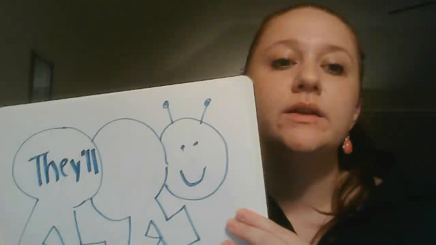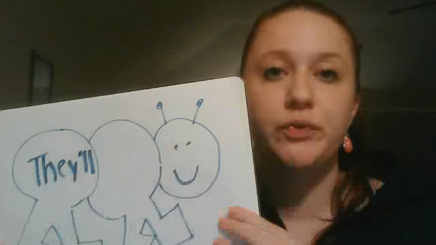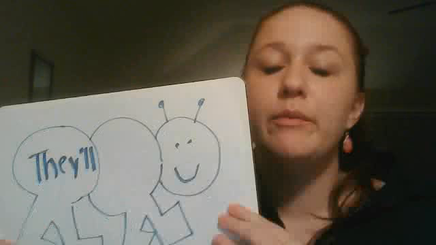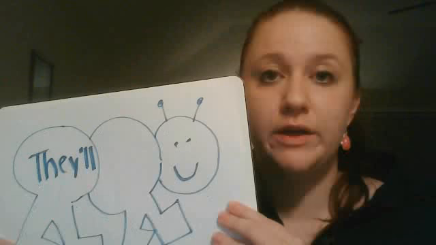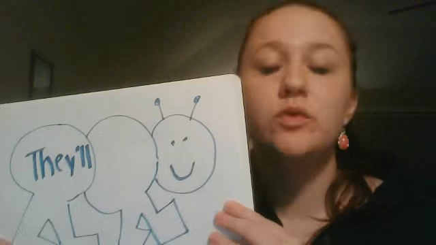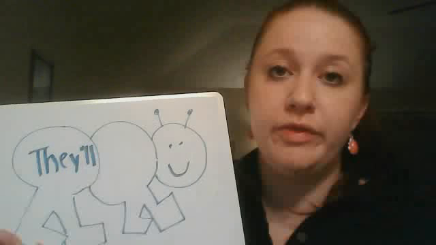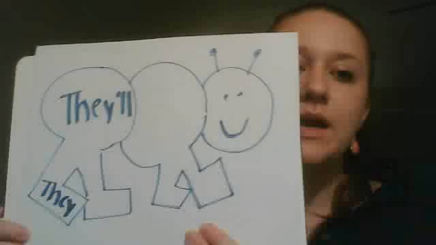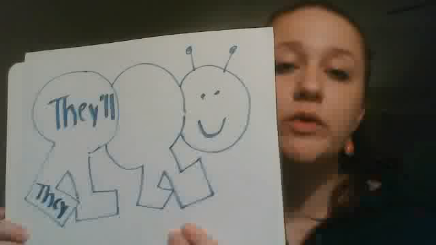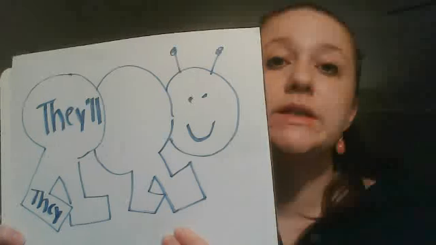Now, if we remember back to our story and our context clues, we remember that the first word in the contraction is the word they. So we're going to put that in the first leg under the word they'll, since that's the first word. And if we remember back to the story, we remember that they was the cities.